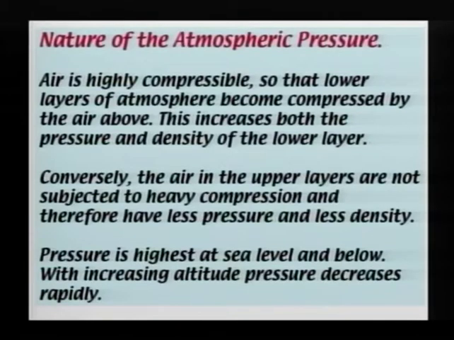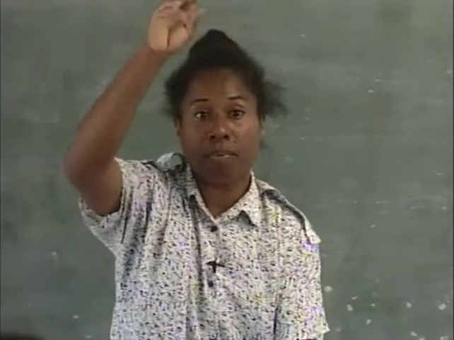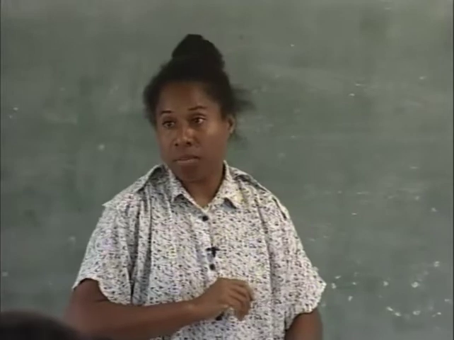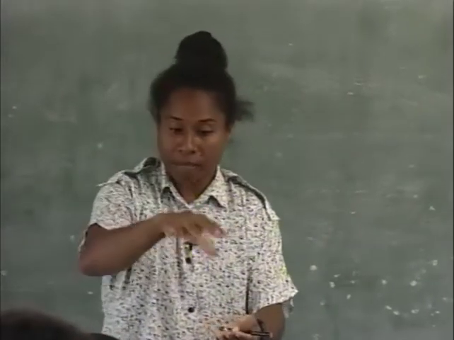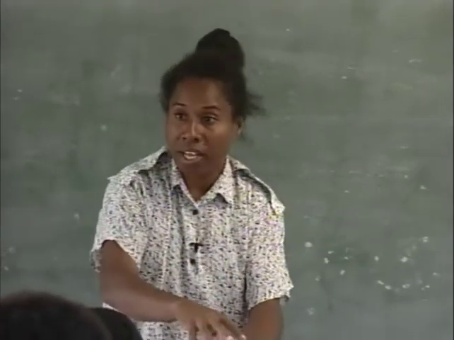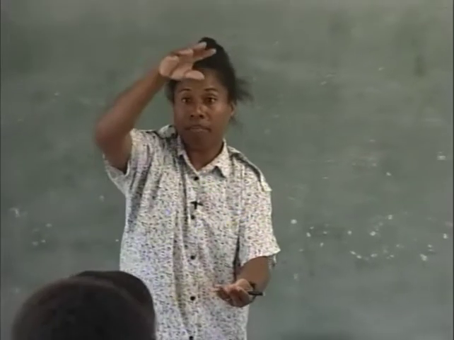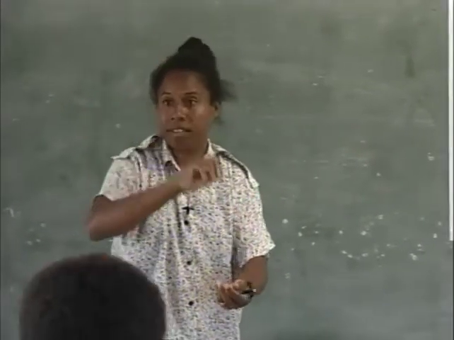The air at the surface will have to be under the weight of the other air on top of it. Therefore, at lower levels, we tend to find the pressure being greater, and as we get higher and higher, the pressure decreases, because the weight exerted on the surface would be greater, and as we go higher and higher, that pressure is released.